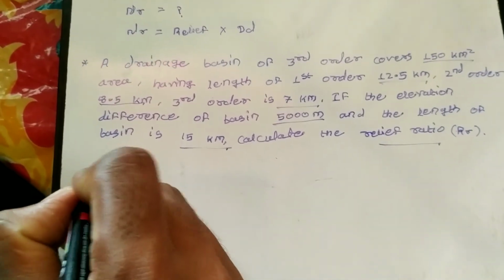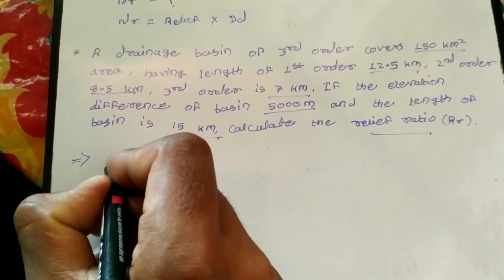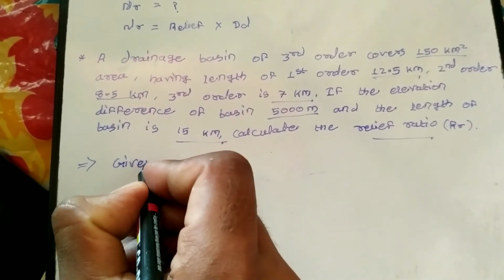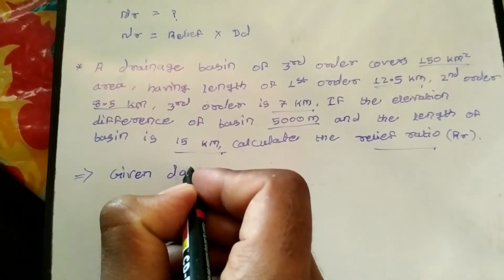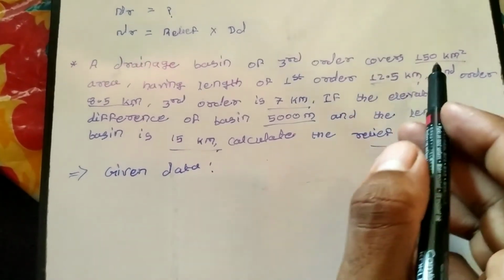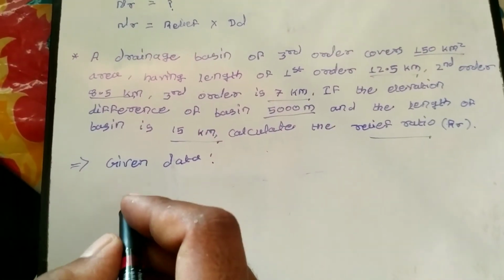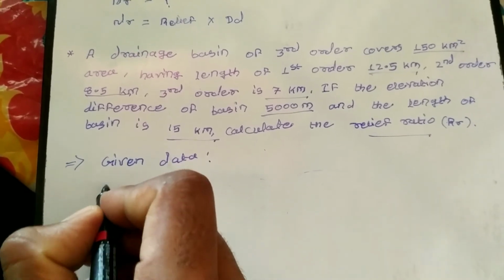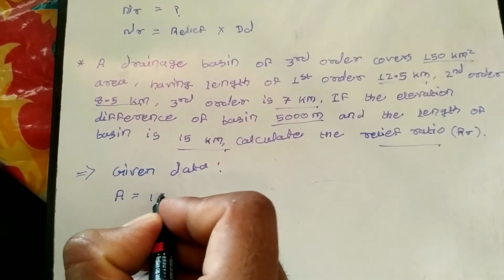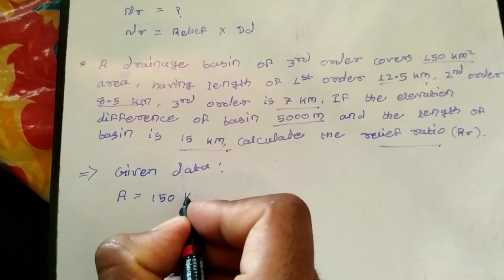So let's start. Given data. First we have to find given data. Area is given, that is capital A equal to 150 kilometer square.